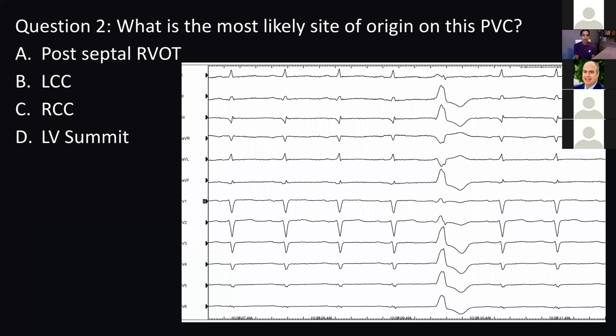All right, let's take question number 2. Same question: what is the most likely site of origin for this PVC? Posterior septal RVOT, left coronary cusp, right coronary cusp, or LV summit? All right, why don't you go ahead and answer that.